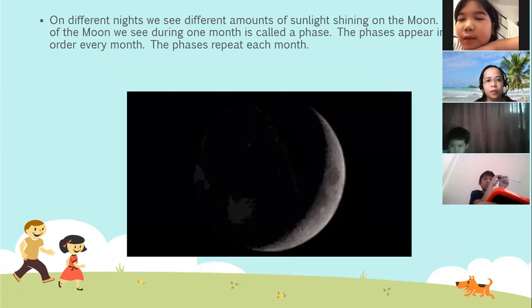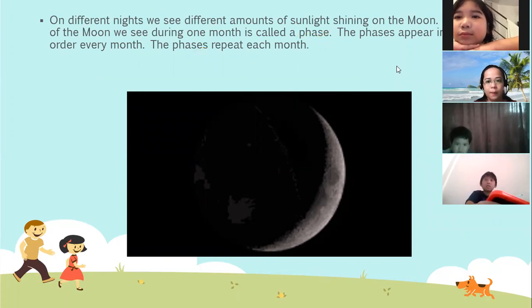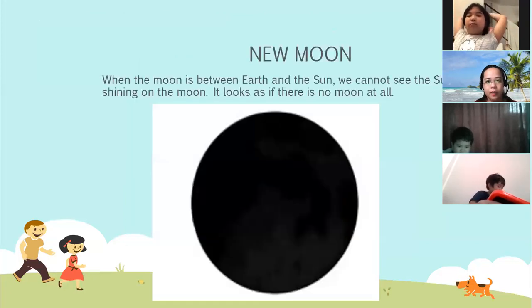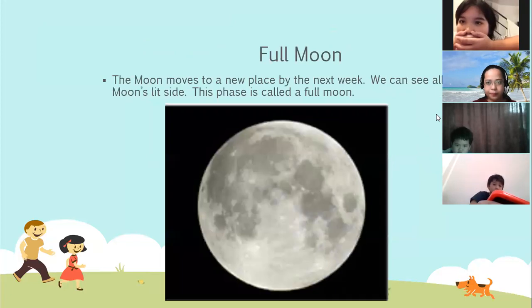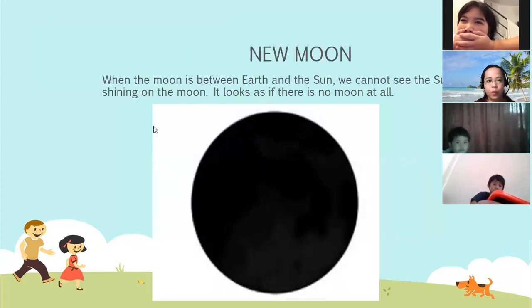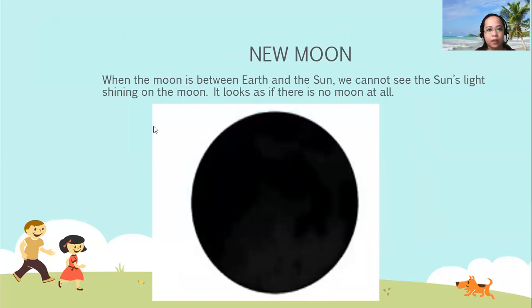All right, next. What do we call the changes of shape of the moon we see? Yes, we call it phases. So we call it phases of the moon, right? New moon. The first question was when the moon is between the Earth and the Sun and there's no moon at all, we call it new moon.